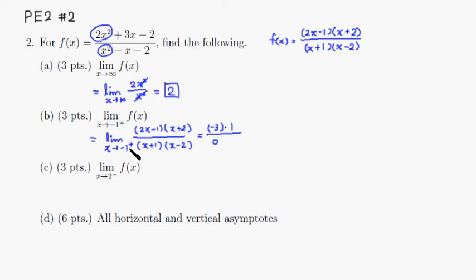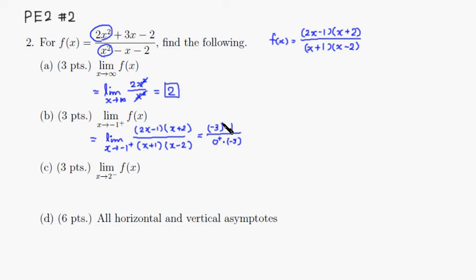But we have to be careful since x is approaching -1 from the positive side, so you're adding 1, so it's approaching 0 from the positive side, times -1 minus 2, which is -3.